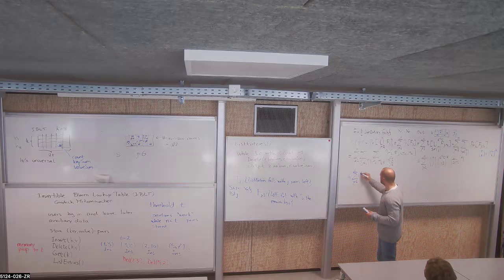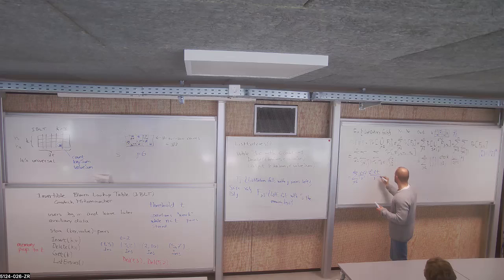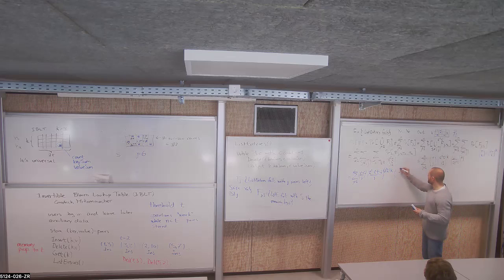So we get (e n over j) to the j, then (e squared t over j half) to the k, and then the other one here, (j over 2 e squared t) to the k j.